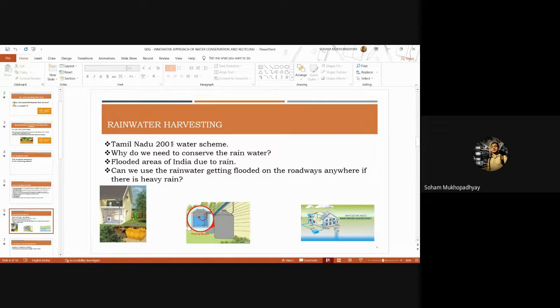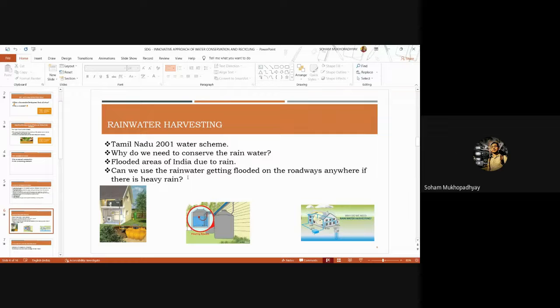Basically, what I mean by this is, you can see this example of Calcutta here at Salt Lake. You can see flooded roadways during the rainy seasons.